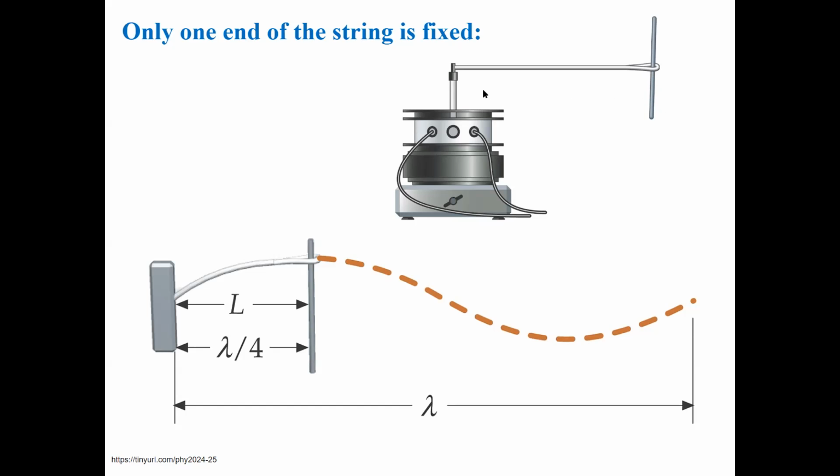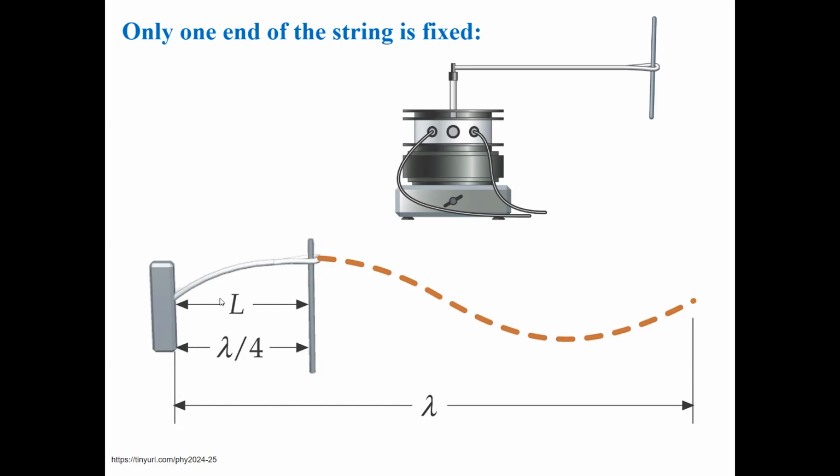If you create a wave on the string by the vibrator here, then there's a node here. Now the other end will become an anti-node, because it will vibrate from the equilibrium position the most. So you'll have a node and an anti-node. This is the first scenario you can have for the standing wave in the string.